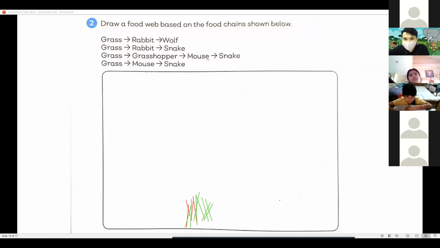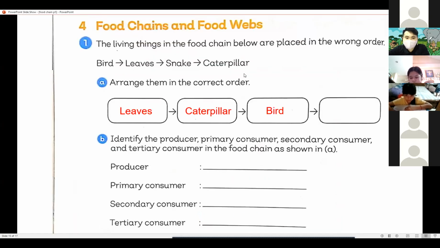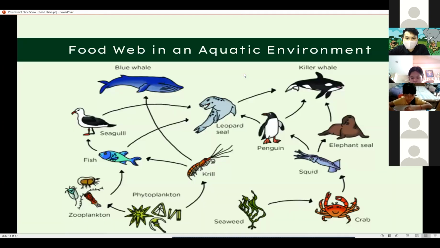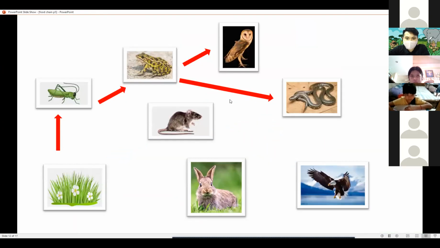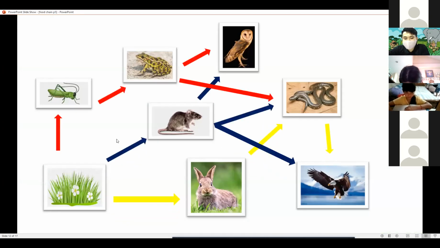Okay? Just like this. So we have here the grass, right? The grass, rabbit, snake. One snake only.